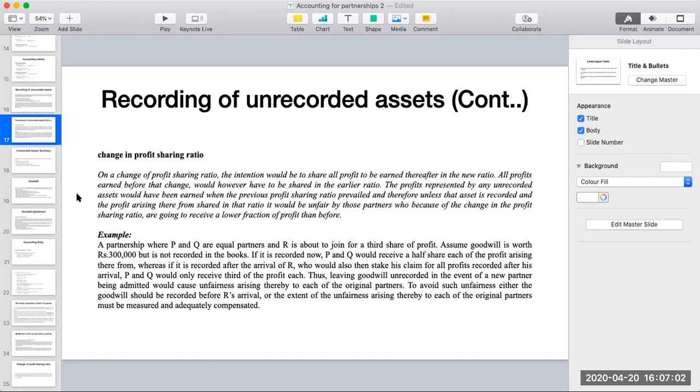But if they do not record it and record it after R's arrival, then there are three partners, and each partner gets only 100,000, and R is also getting 100,000. Therefore, this is not fair.